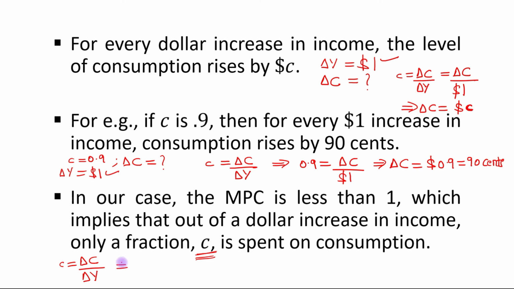So change in consumption will be MPC times change in Y. So basically when the increase in income is change in Y, then consumption will increase by this fraction, by MPC times the change in income. Only a fraction c of the increase in income will be spent on consumption.